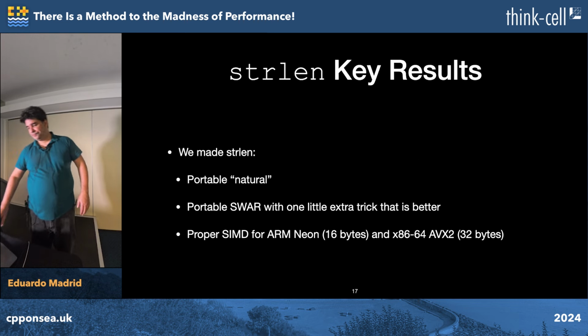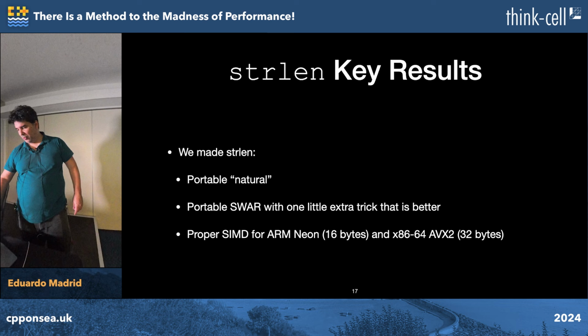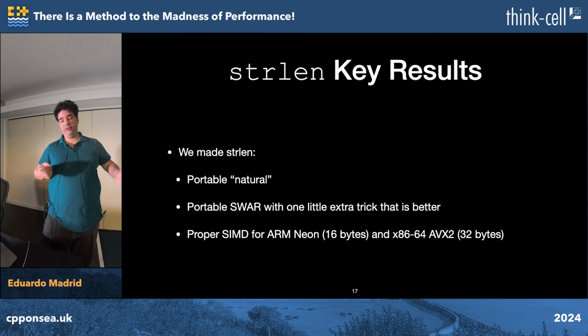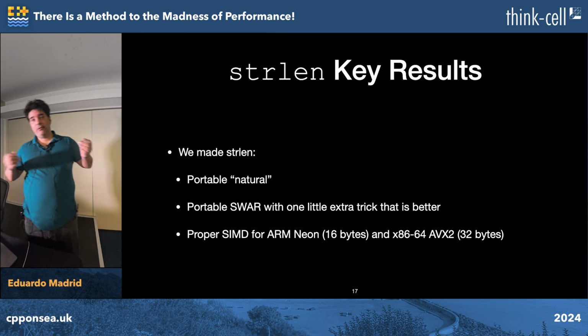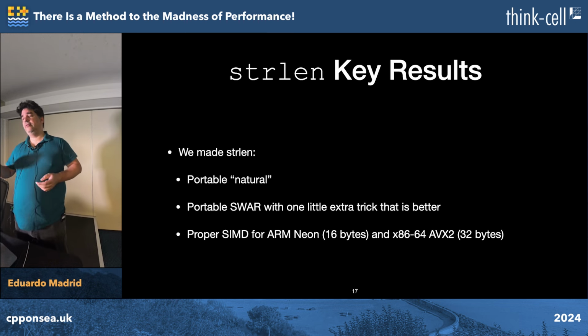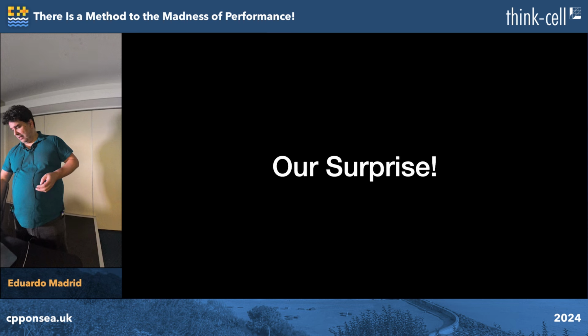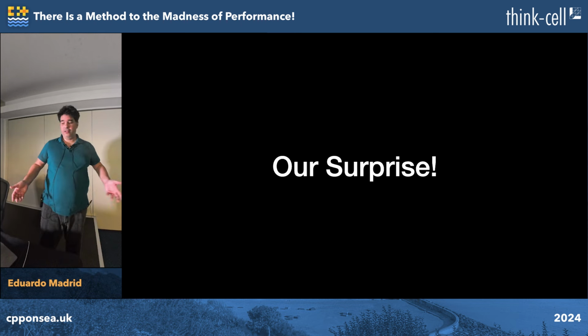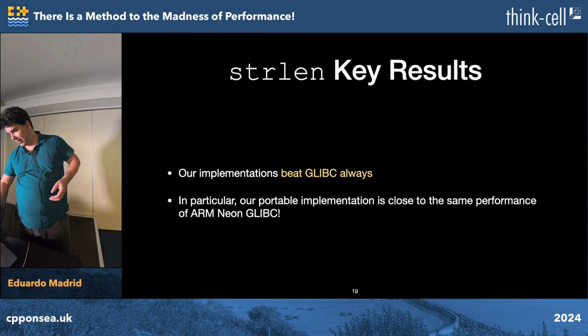We're going to see in a moment that our implementation of string length was made natural in another flavor that takes advantage of a small improvement. We are also implementing it for ARM SIMD, that's ARM Neon, and for x86 AVX2. Our surprise was that we got much better results.